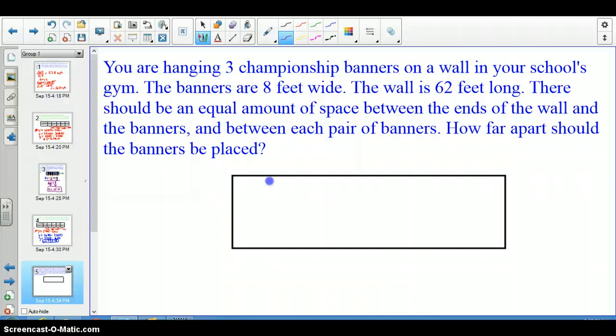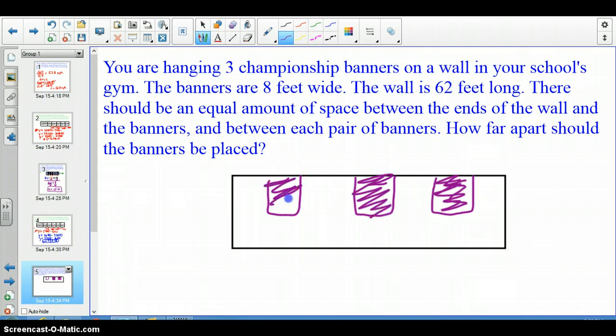So I'm going to draw a banner. Here's 1, 2, and 3. Now each banner is 8 feet wide.